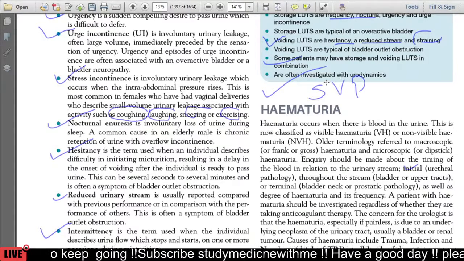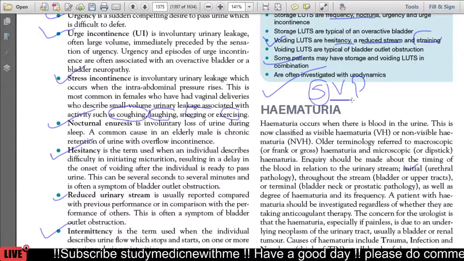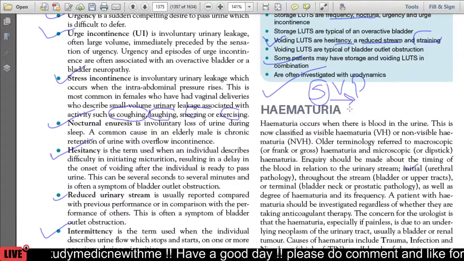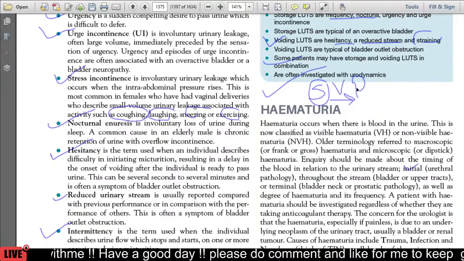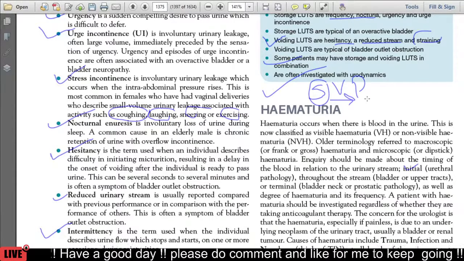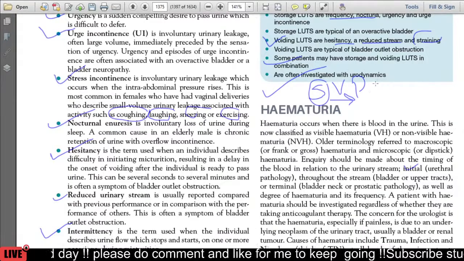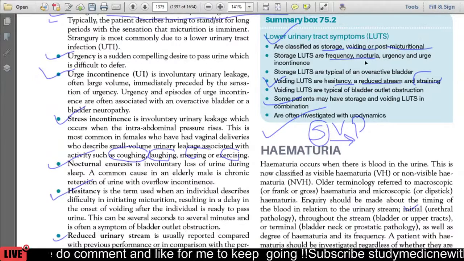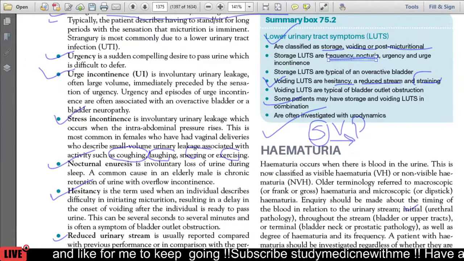So storage LUTS includes urgency and urgency incontinence. It also includes frequency and nocturia. So: frequency, nocturia, urgency, and urgency incontinence.